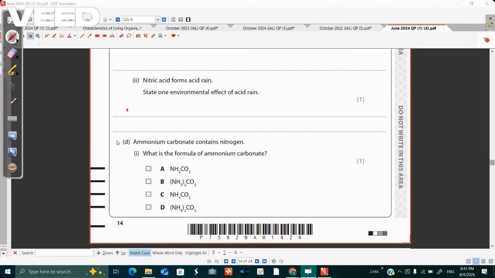Things like that you can write. But the main thing is the impact of acid rain on the flora and fauna, plants, and deforestation. So as a result of that, you have deforestation and so on.